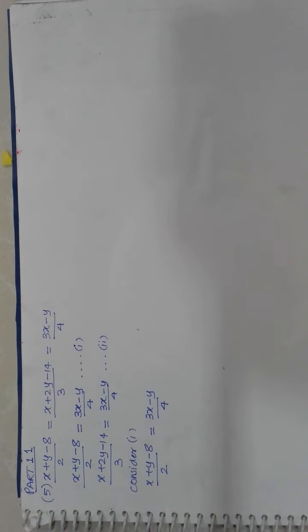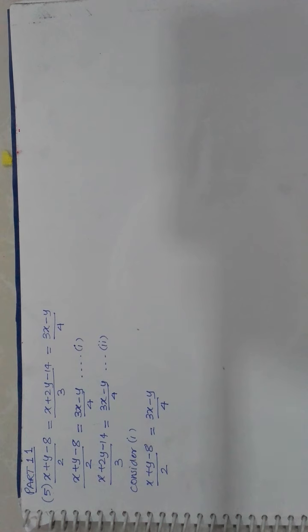So instead of cross multiplying, you can take the LCM of both. I will find a number which divides both 2 and 4. That is 8, 16, 32, 64, but the smallest number is 4. So that is the LCM, and you will multiply both sides by 4.